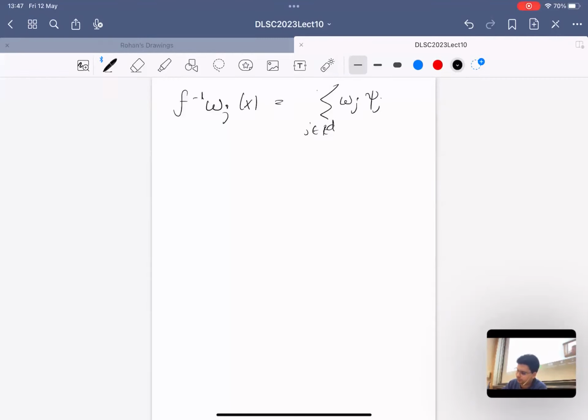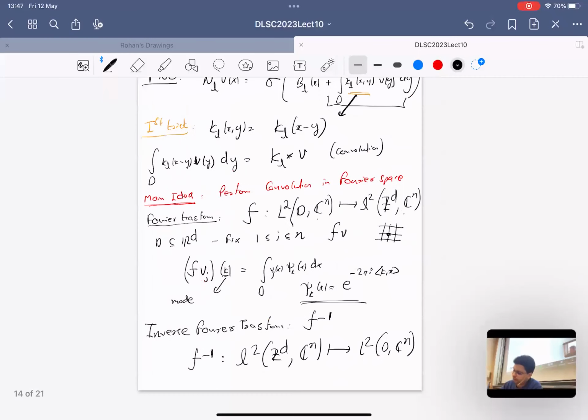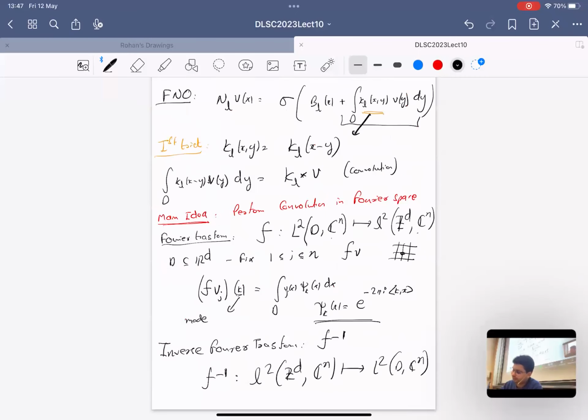I might have missed some normalizations, but that's not the point. In other words, the Fourier transform extracts the coefficients with respect to the trigonometric basis. The inverse Fourier transform builds the function from its coefficients. Okay, so this is the relationship between them.